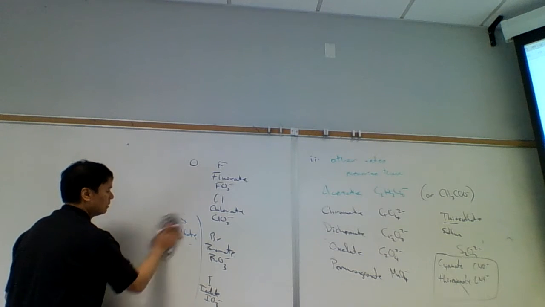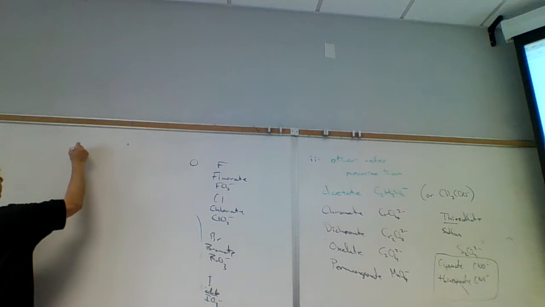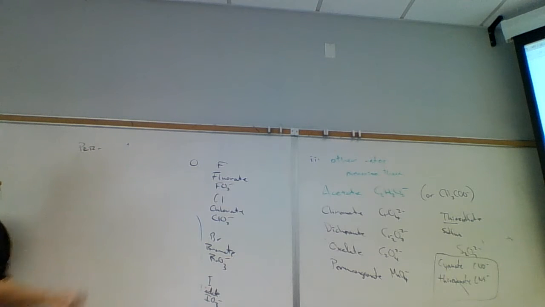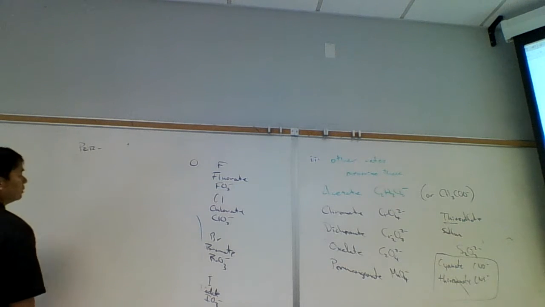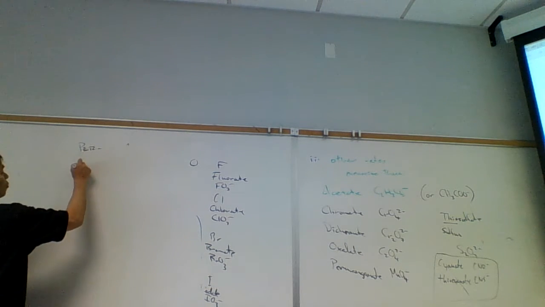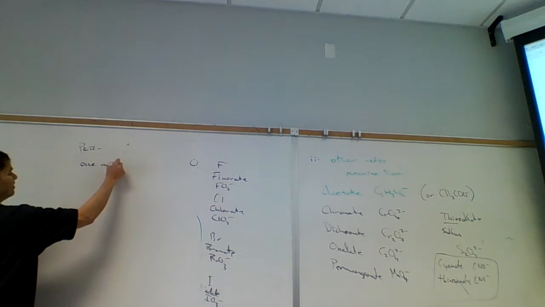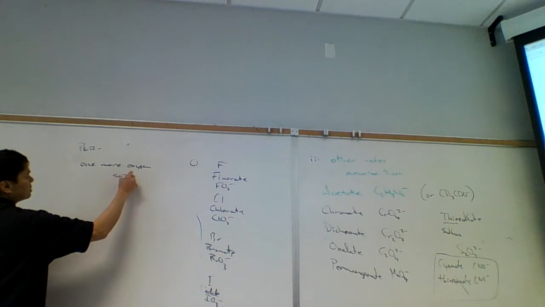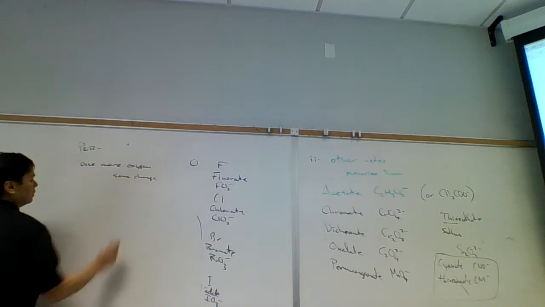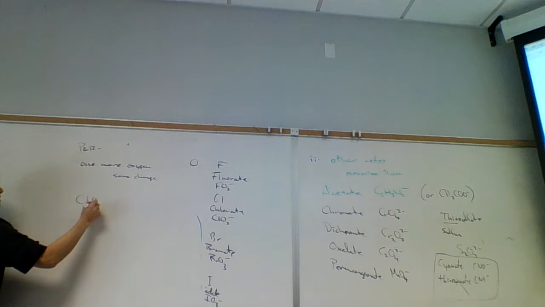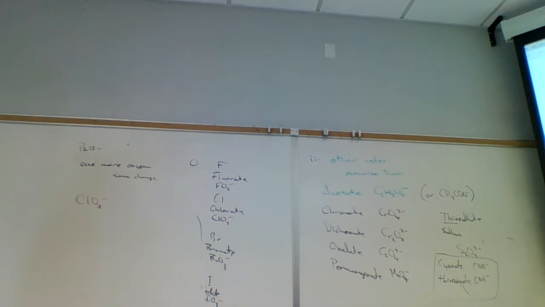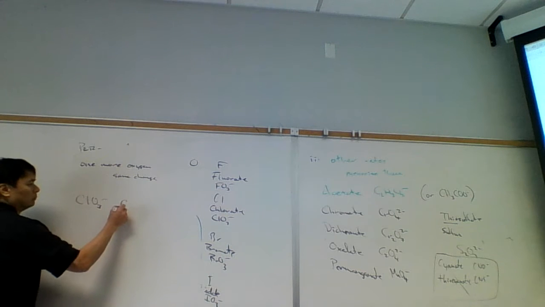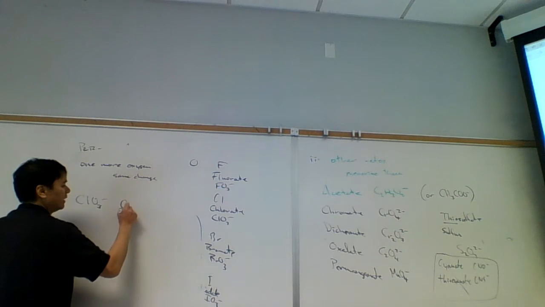Then we have something called the per. The per is a prefix. If we have per, it's usually one more oxygen, and same charge. So what's this one? ClO3 minus. That one's called chlorate.